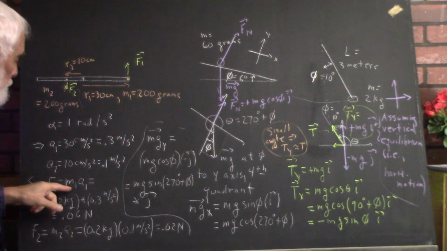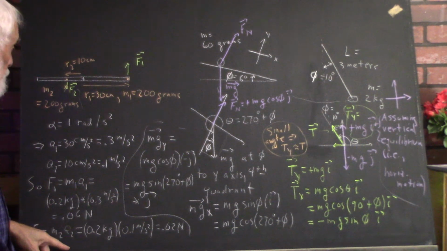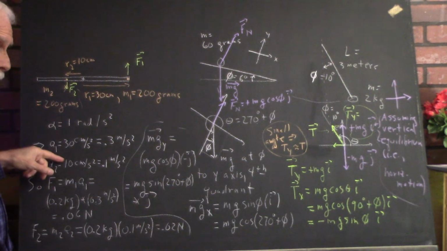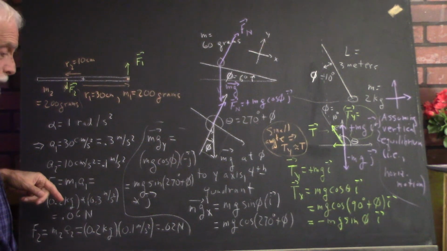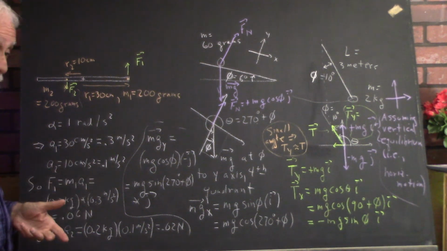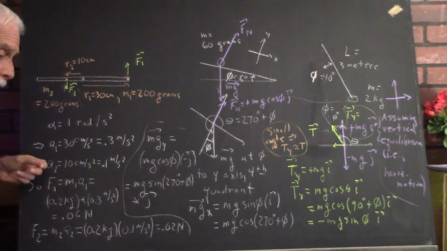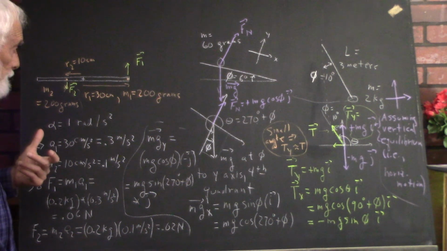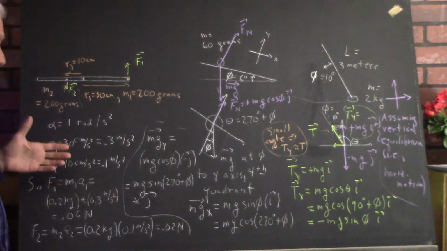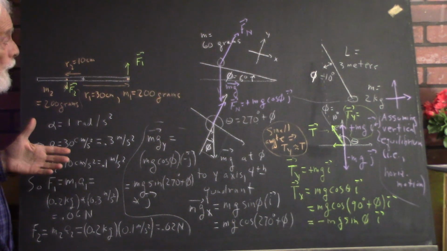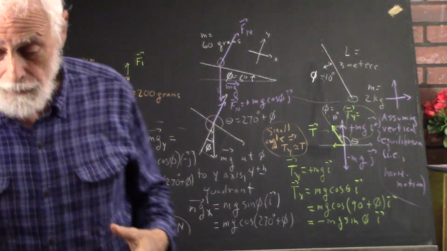And it's a very straightforward application of Newton's second law, and a very straightforward application of the definition of a radian and the equivalence between angular and linear acceleration that we've dealt with to some extent by this point in the course. Okay, so that's kind of it for now.